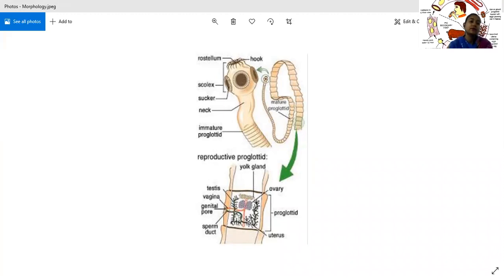So morphology. The adult is flattened, ribbon-like, creamy, light in color, measures about 2 to 4 meters and has 700 to 1000 proglottids.